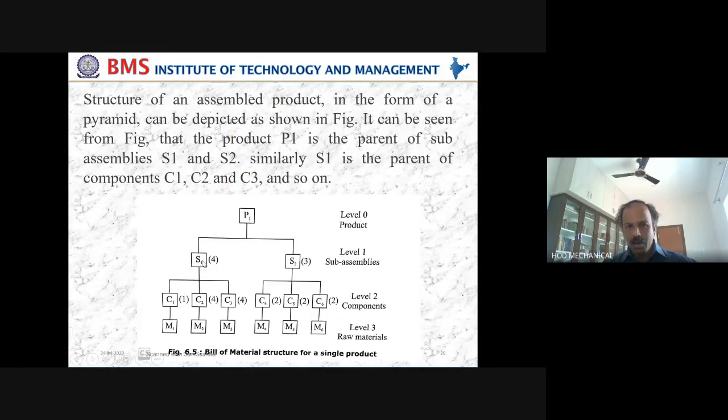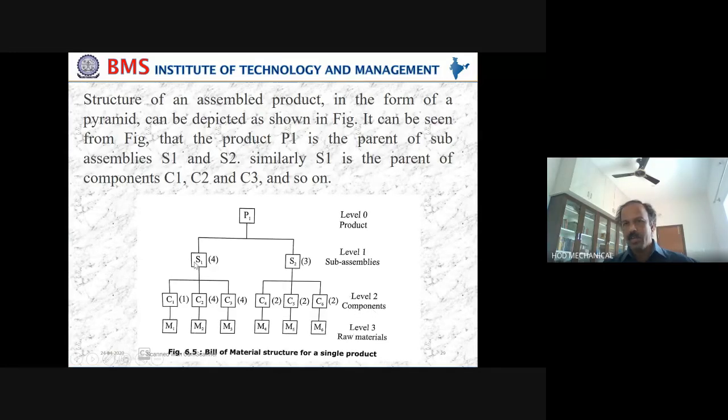Now, is S1 going to be a single product? Definitely S1 is not a single product. Again, in order to produce this subassembly, I require some different components. In order to produce one S1, I require 3 different components.